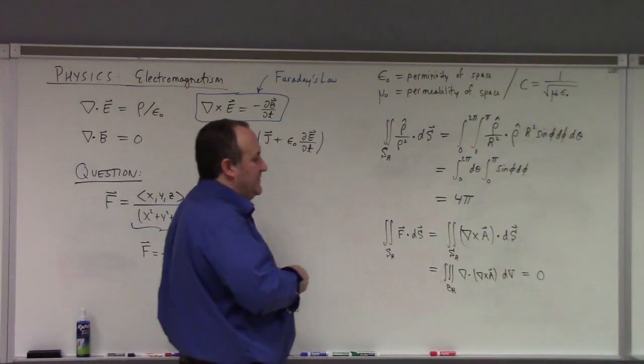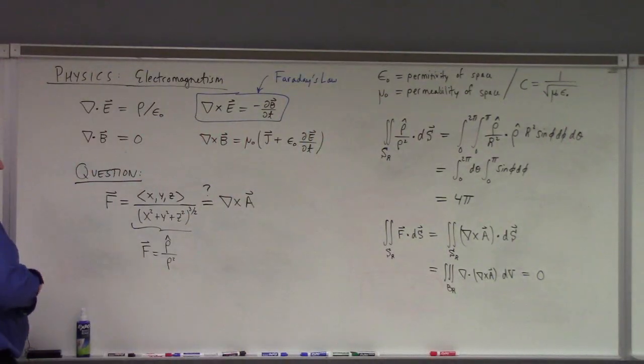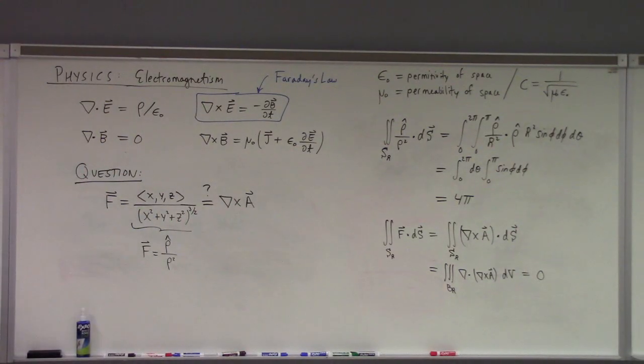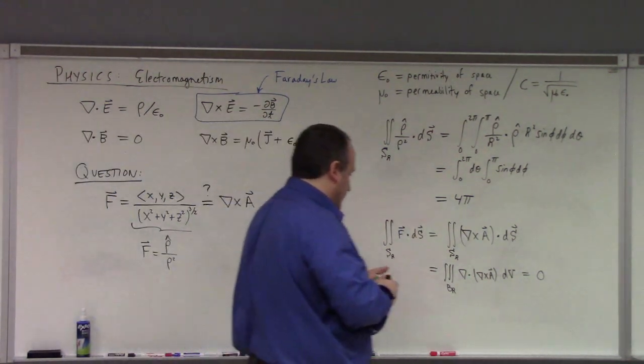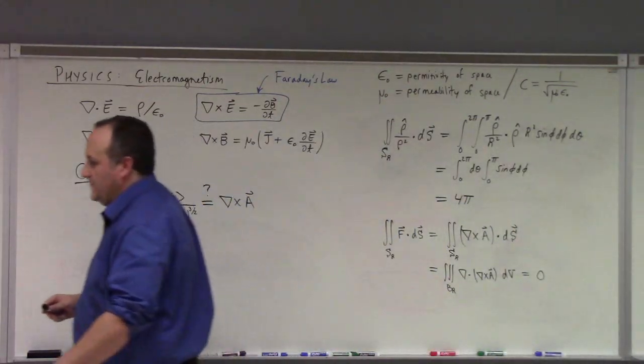So this would seem to throw cold water on your ability to find a vector field whose curl is the Coulomb field. But I'm telling you that you can do it. You just can't do it for the whole sphere. So see if you can find it. Try it out. That's a problem I wanted to throw out there.